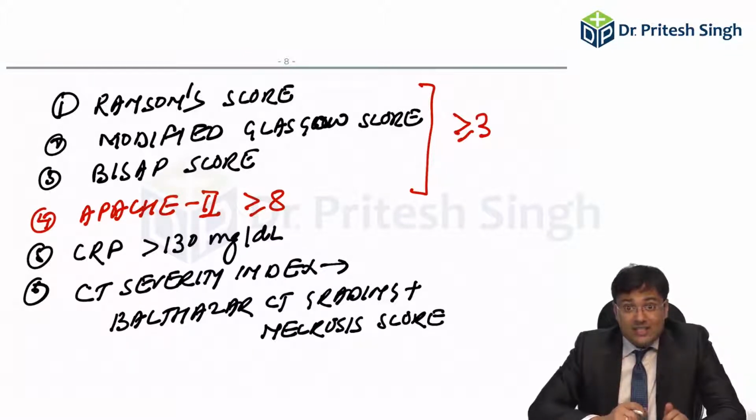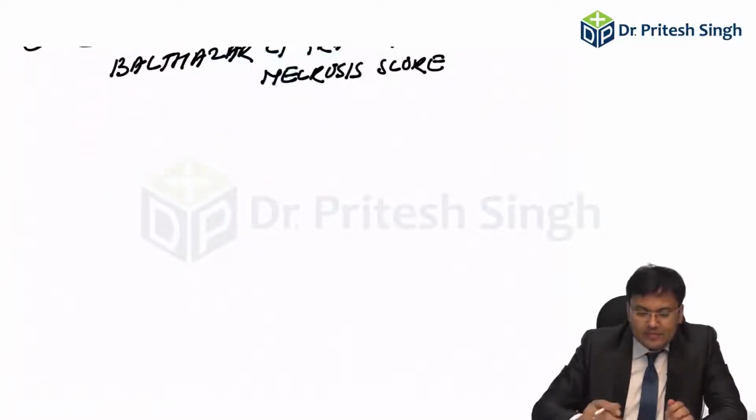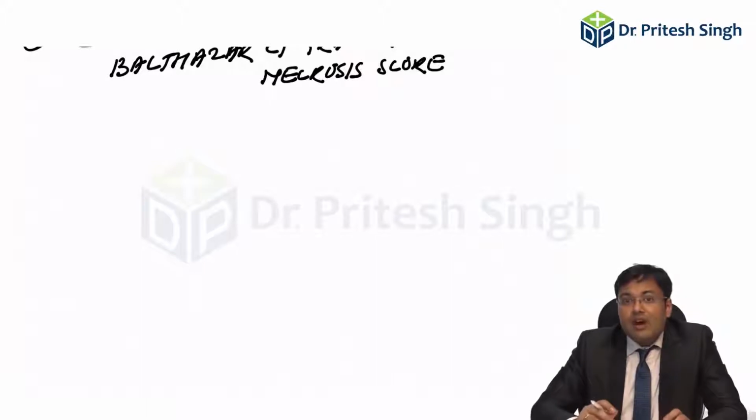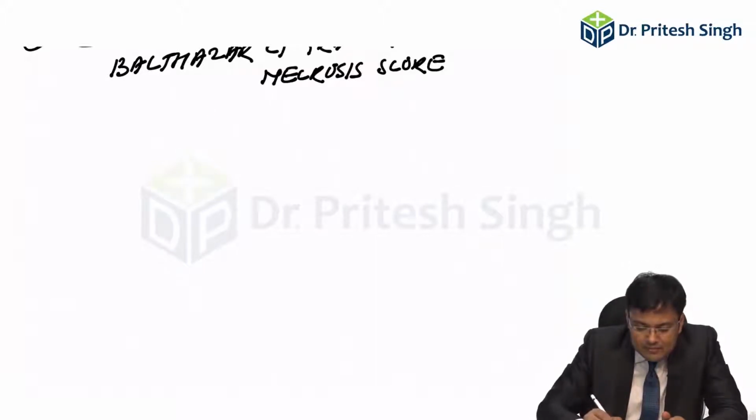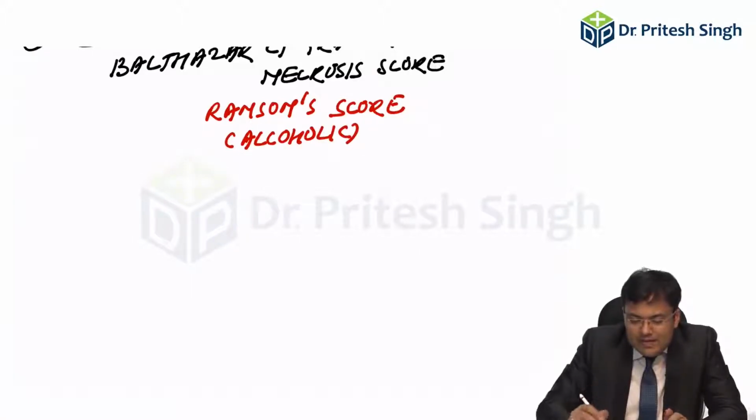We are going to discuss in detail. Ranson score for acute pancreatitis. For alcoholic pancreatitis, there are two scores, one for gallstone and one for alcoholic. In exam, alcoholic one is frequently asked.